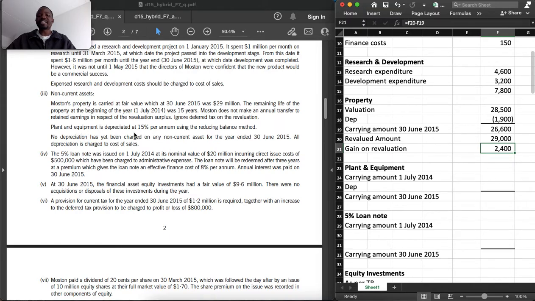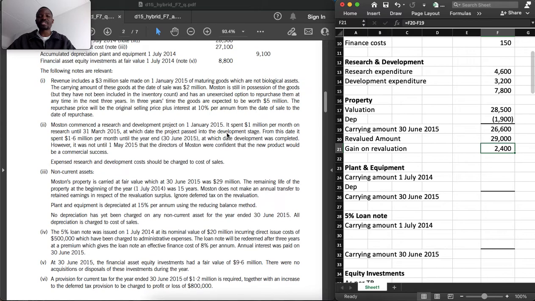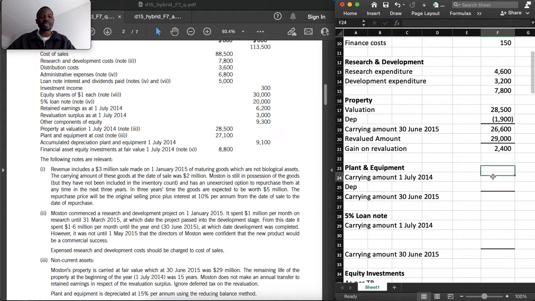Plant and equipment is depreciated at 15% using the reducing balance method. So for the reducing balance method, we need the carrying amount at the beginning of the year. The cost was 27,100 less the accumulated depreciation of 9,100. That is the carrying amount.